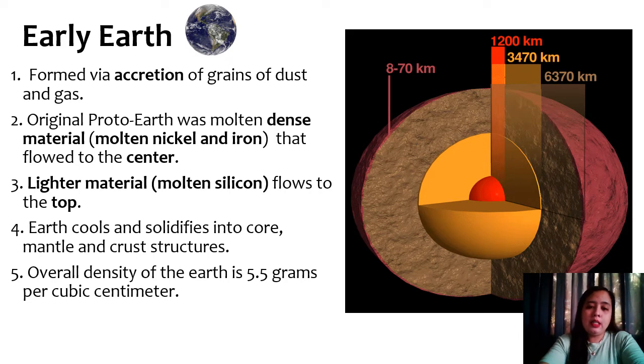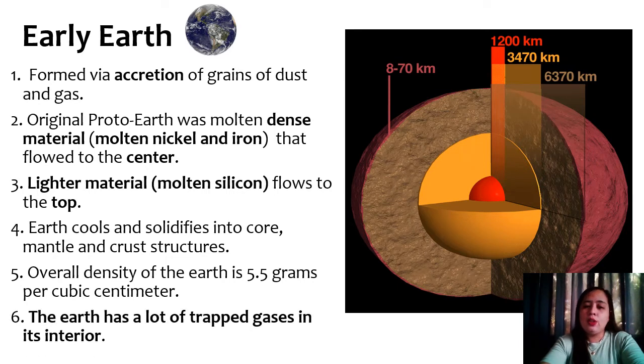The overall density of the Earth, for your understanding, way back before was 5.5 grams per cubic centimeter. The Earth has a lot of trapped gases in its interior, and this is undergoing radioactive decay. Not only gases, but there are several elements in there in the form of isotopes.